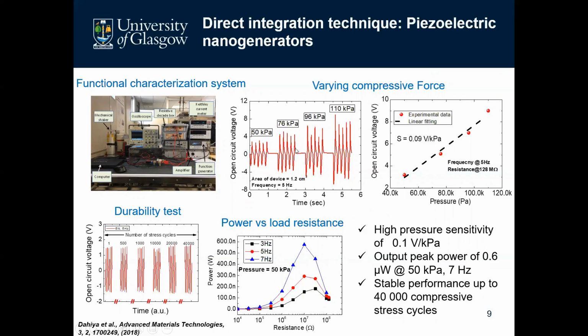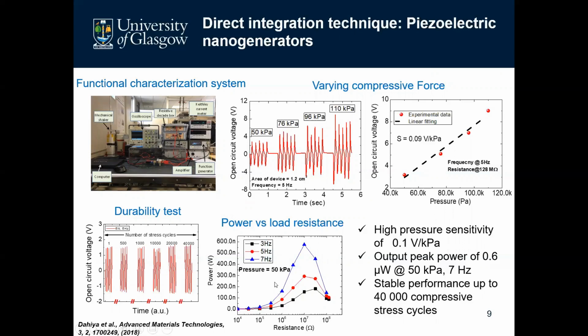As you can see, when we increase the pressure, the output signal generated increases, so it can behave as a pressure sensor, showing a sensitivity of around 0.1 volt per kilopascal. We have also done durability tests up to 40,000 cycles, where we can see that the signals do not degrade with the number of cycles.